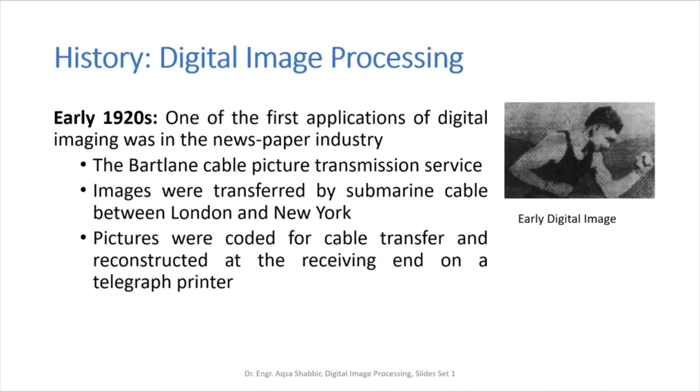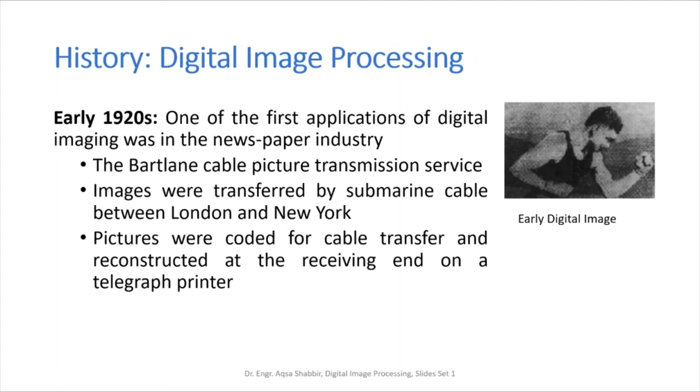Moving on, Theodore Roosevelt, a former US president, said that in order to understand the future better, it is important to first understand history. So, briefly looking into the history of digital image processing, I believe, will be fruitful for you. Digital image processing began somewhere in the early 1920s. One of the first applications of digital image processing was in the newspaper industry.